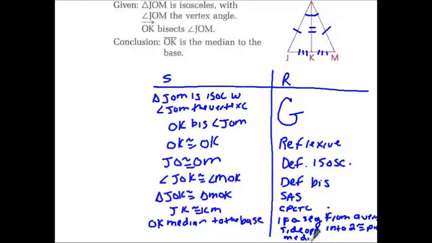Again, the wording on that is a little awkward. We have to have what makes the median: A, it starts from a vertex. B, it divides the side opposite into two congruent pieces. So it's really important that we convey all that information and what our reason is going to be.